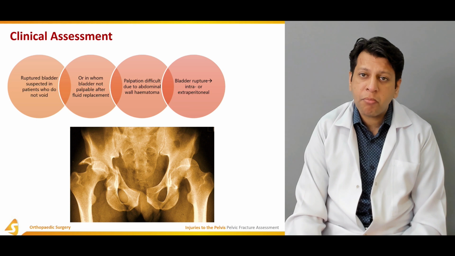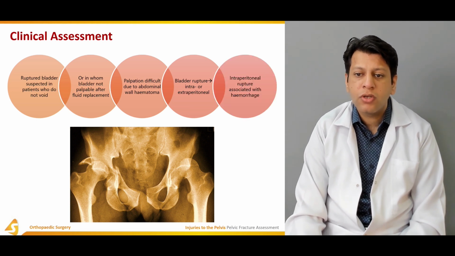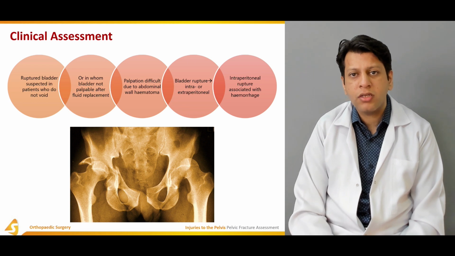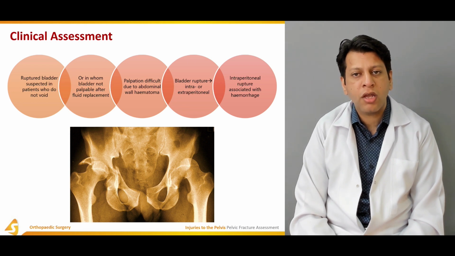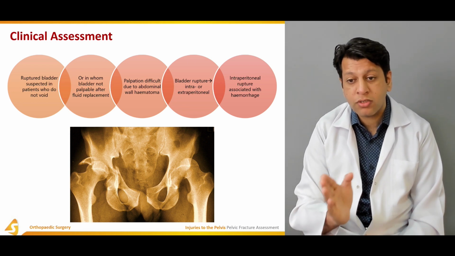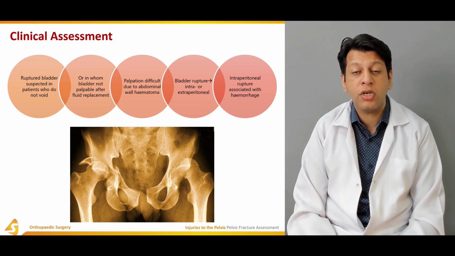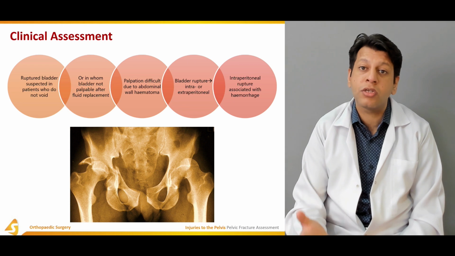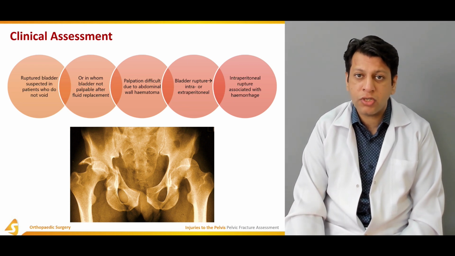But if it is intraperitoneal, there will be abdominal swelling associated with the bladder rupture. Whatever it is, the adjunct to the primary survey, the retrograde urethrogram, is of primary importance, because we need to assess whether there is an associated urogenital injury, that is, either bladder or membranous urethral rupture, or not.